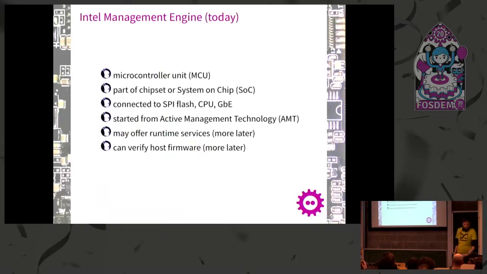So what is it? The management engine, as we know it today, is basically just a microcontroller. You can imagine something like an Arduino. It's an 8051 instruction set. There have been multiple hardware revisions over time. I think this is now currently the third generation. So it's not changing very much. But there is still lots of difference among the implementations around it.